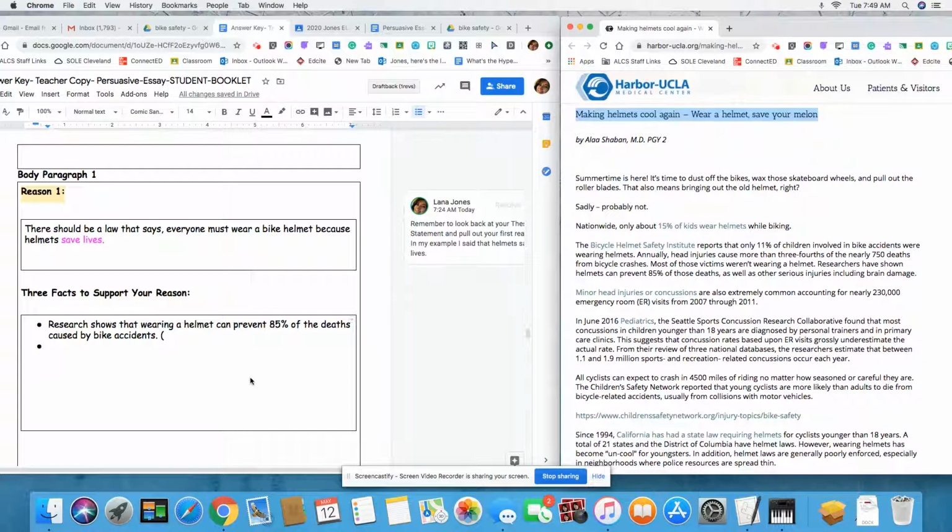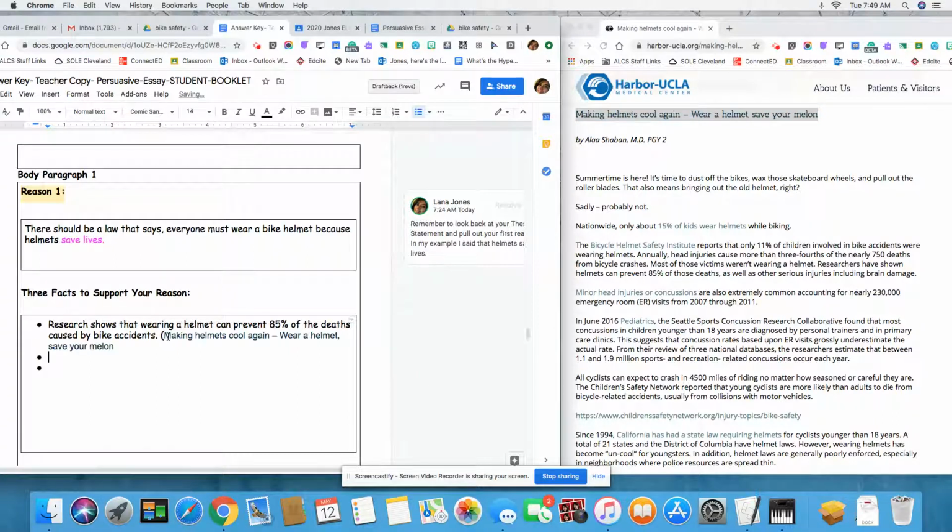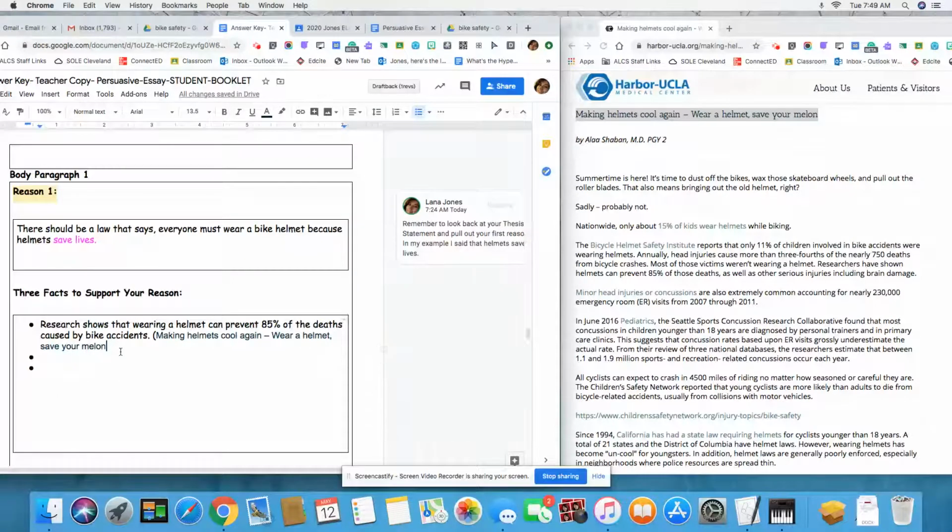Okay, and I'm going to paste it in the parentheses down here because I want to be able to reference that when I do my works cited page. Okay, and we'll talk about that later. We're not there yet, but I want to put this in parentheses just so I know where I got that support. Where did I pull out that fact? So if I need to reference it later, I can.